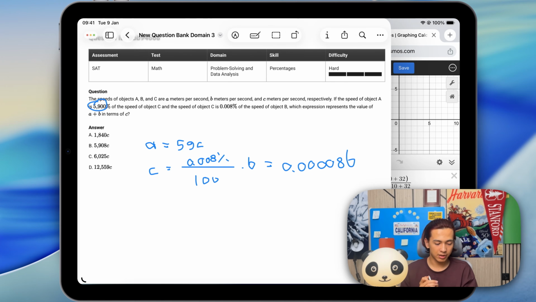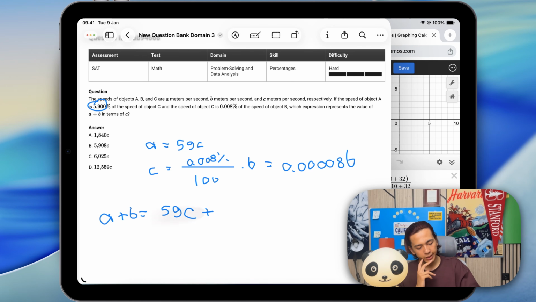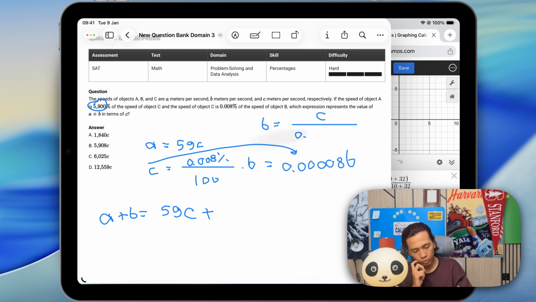Which expression represents the value of A plus B in terms of C? So for A plus B, we want to know it in terms of C. Instead of A, I'm going to plug in 59C. For B, I want to express it in terms of C as well. If C is equal to that, I can divide both sides by this value, so B is equal to C over 0.00008.